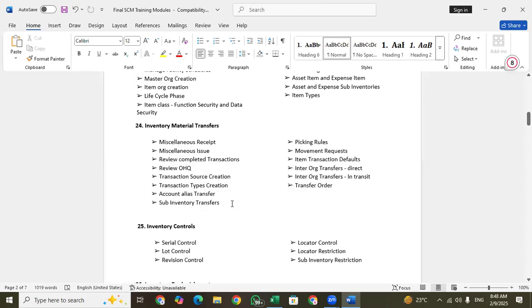So immediately from the godown, they are getting this car. For that, they create a transaction that we call a sub inventory transfer. So from the godown to the showroom, a transfer action will be performed by using the sub inventory transfer.